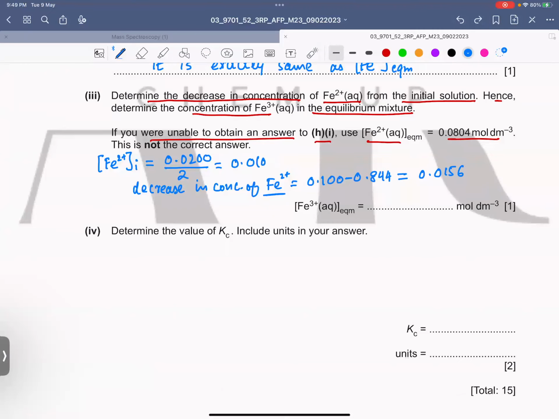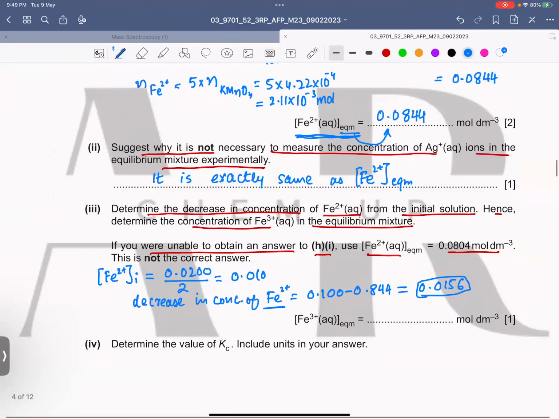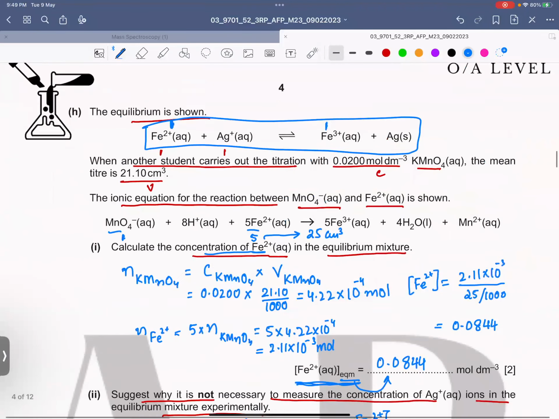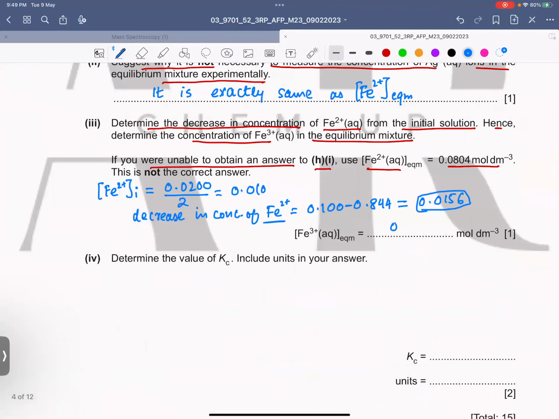So this is the decrease in the concentration of iron 2 positive ion. The mole ratio of iron 2 positive ion and iron 3 positive ion is exactly 1:1. So the concentration that is decreased from iron 2 positive ion would be the concentration of iron 3 positive ion formed at equilibrium. So here I will write 0.0156.